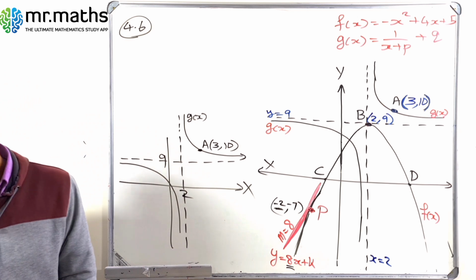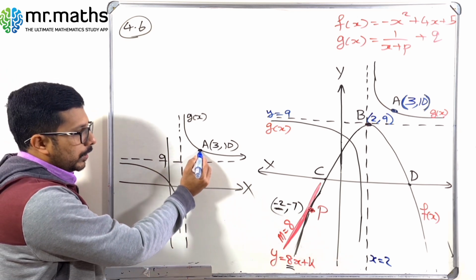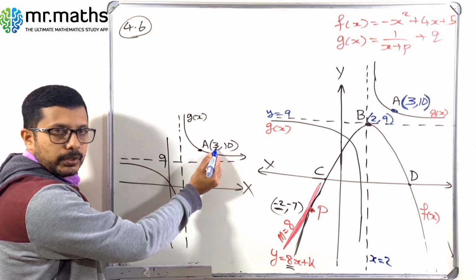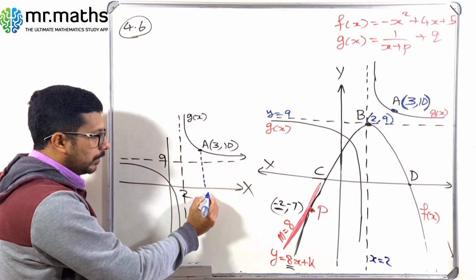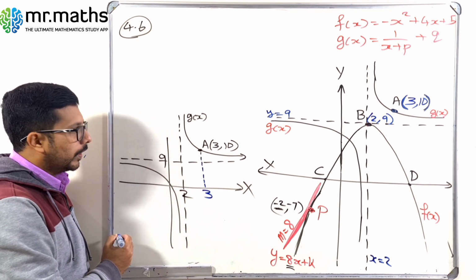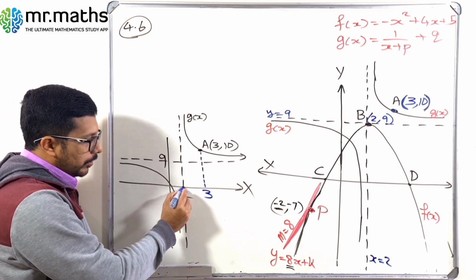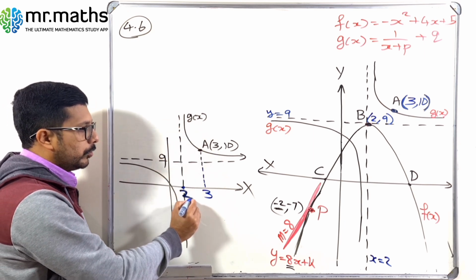Okay, now listen here. If this point is 3 comma 10, what is the x value? 3. So it means that here the x value is 3. Am I right? Okay, now what is the x value at this point? Asymptote. X value is 2.